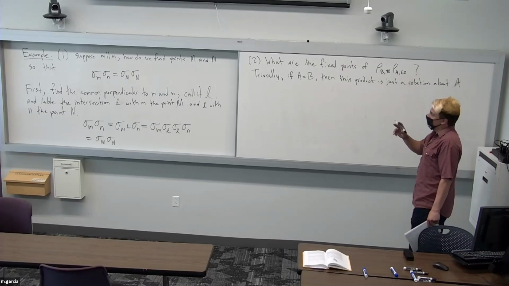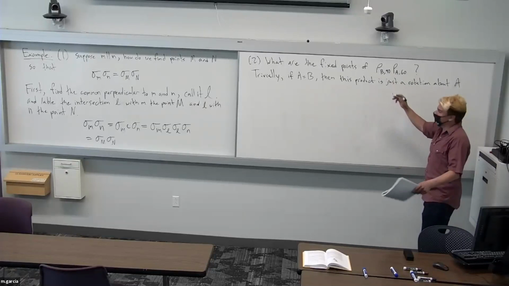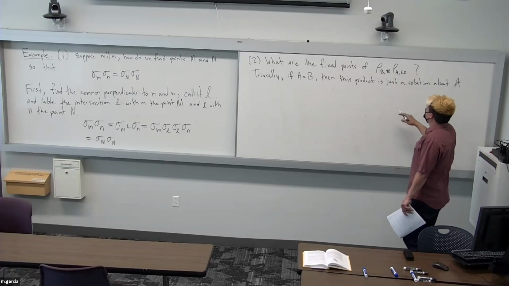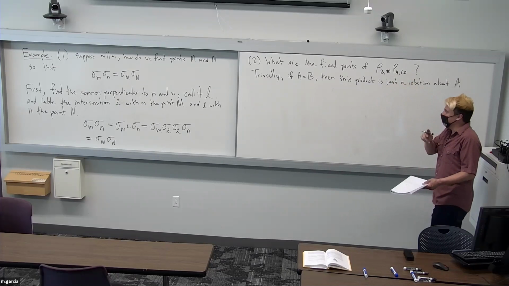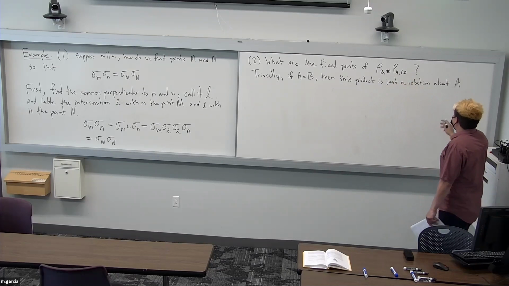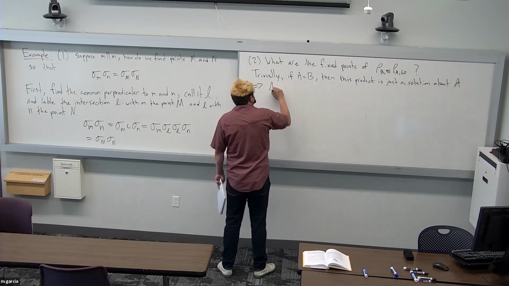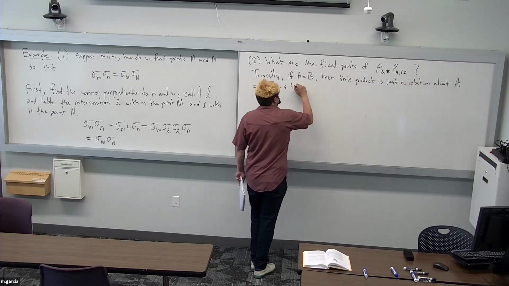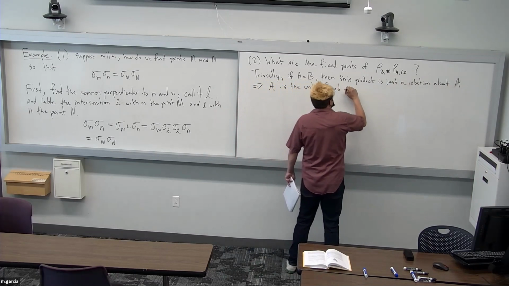Even when you add these, you don't get 360 degrees. Right, that's apparent from what we wrote. Good point though. So this is just a rotation about A, which implies A is the only fixed point.